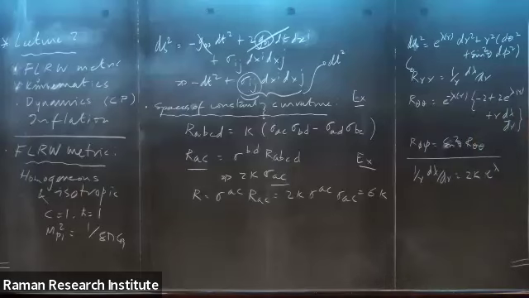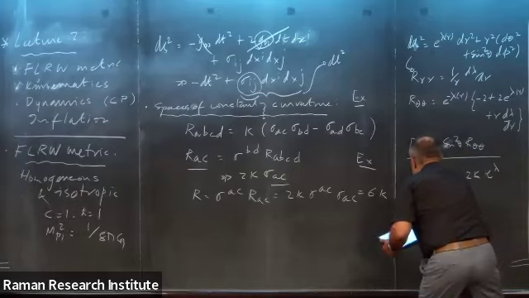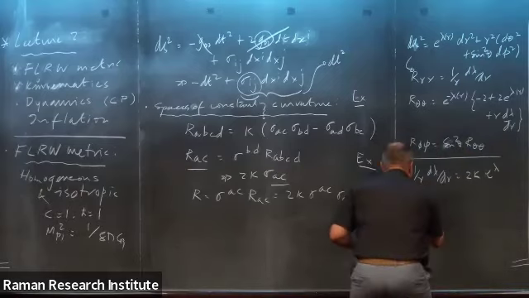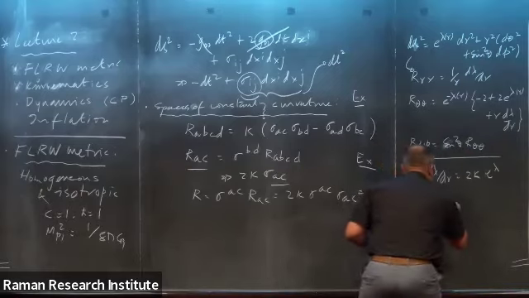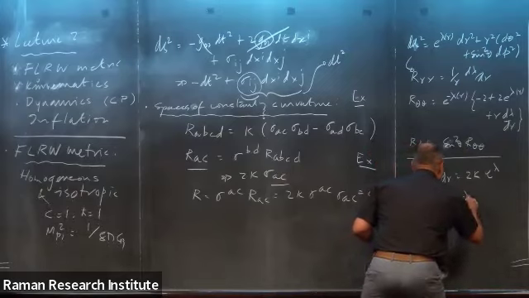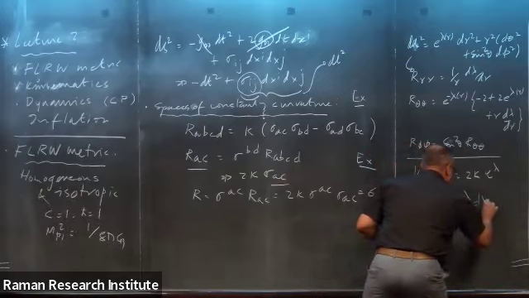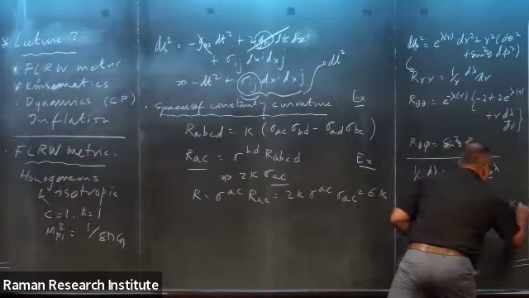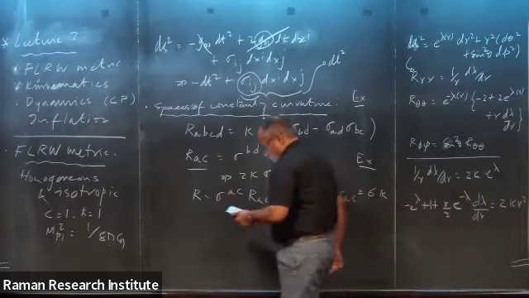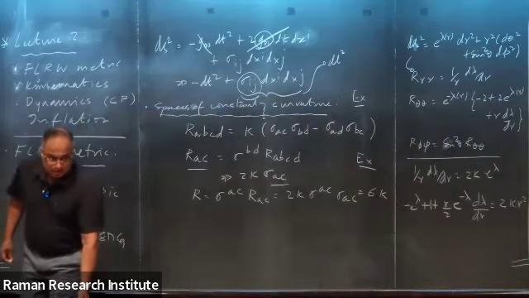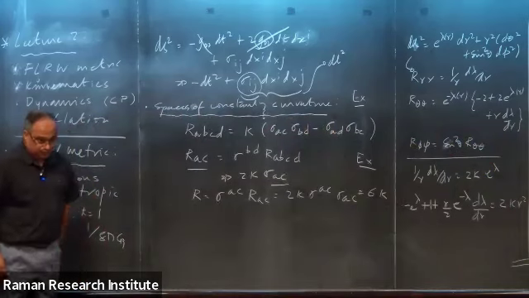I'm suppressing the dependence on r. And similarly, you can show that minus e power lambda plus 1 plus r by 2 e power minus lambda d lambda by dr equals 2k r squared. And the other thing is not an independent equation. You're left with these two.